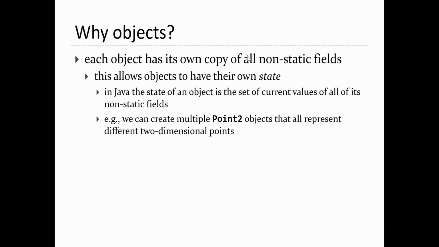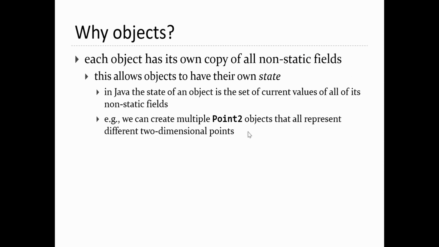And so this allows objects to have their own state. In Java, the state of an object is just the set of current values for all of its non-static fields. So every object can have some variables that belong to the object. The set of values of those variables, that's the state of that object.